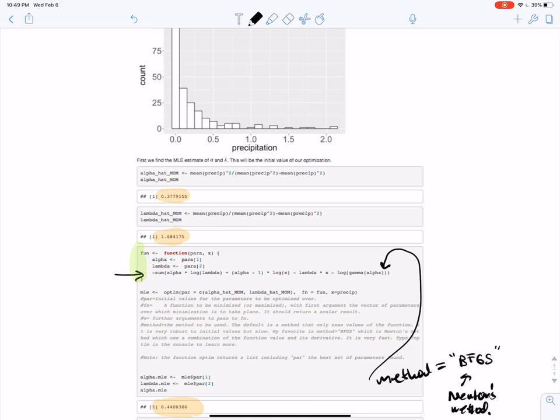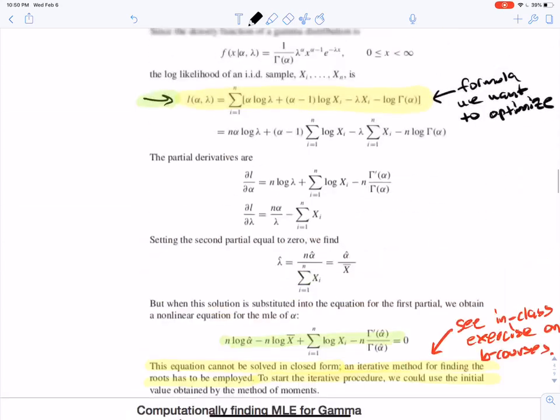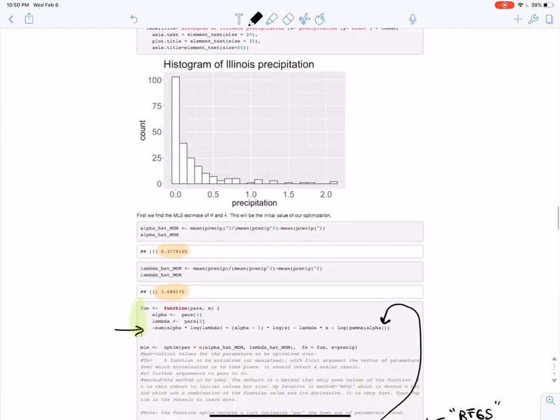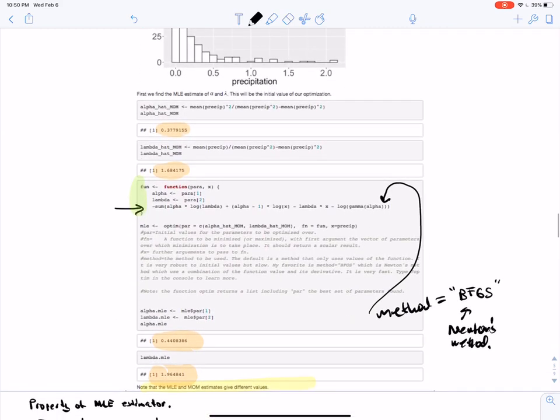The optimization program in R finds a minimum, so we take minus the sum of this formula, highlighted in yellow. And I encourage you to look at the help pages for Optim. Question mark Optim will, in the console, give you information.